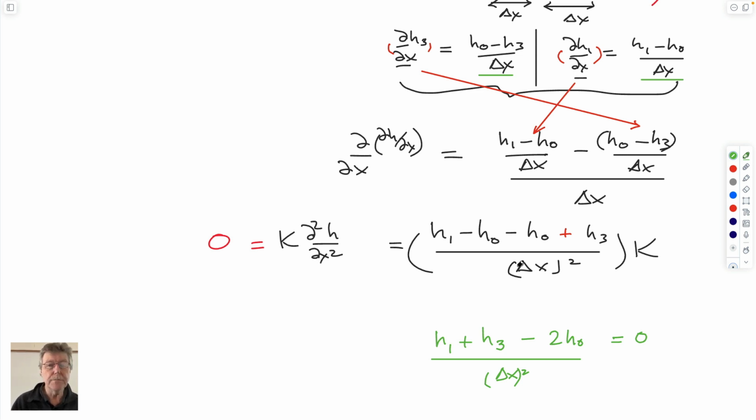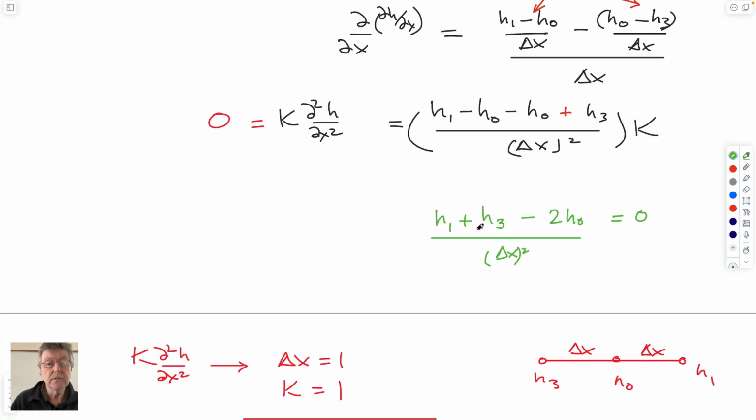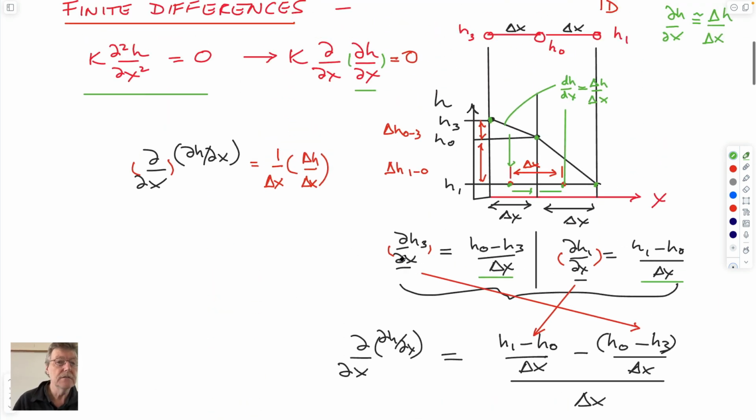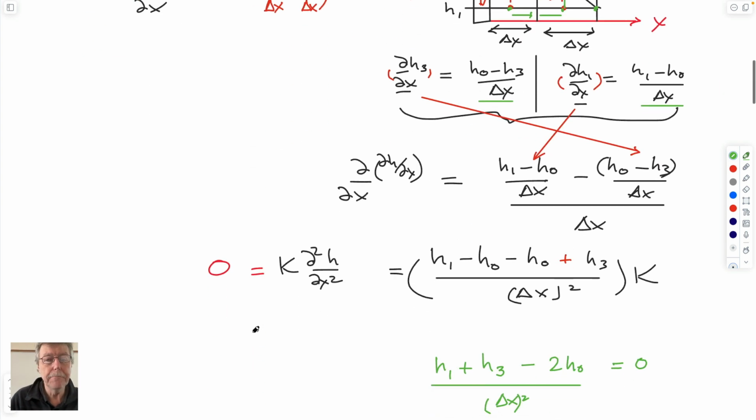So we have to do that to be able to simplify it as this. And so this is the basic equation, that if we have a solution where the heads upstream, downstream, and in the middle satisfy this equation, then we've satisfied this equation. Nothing more than that. Super simple.